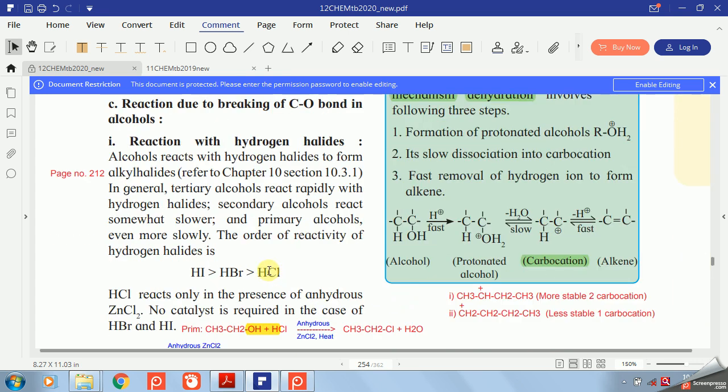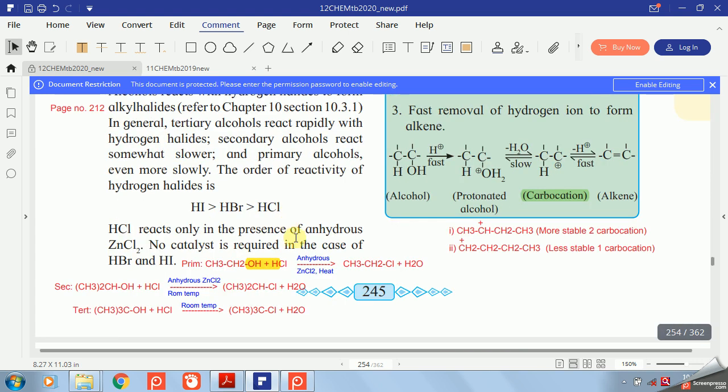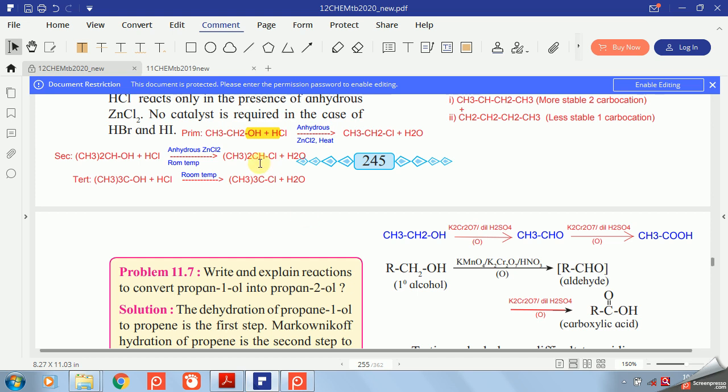Now let us see the remaining reactions that you studied in halogen derivative. How does isopropyl alcohol react with HCl? Isopropyl alcohol reacts with HCl in presence of anhydrous ZnCl2. But as a secondary alcohol, isopropyl alcohol is more reactive as compared to primary alcohol, so here there is no need of heat.